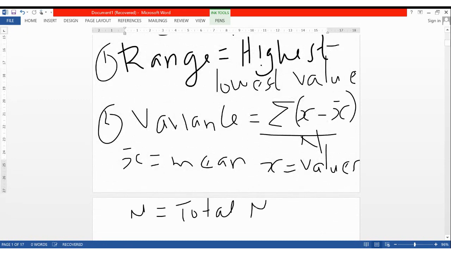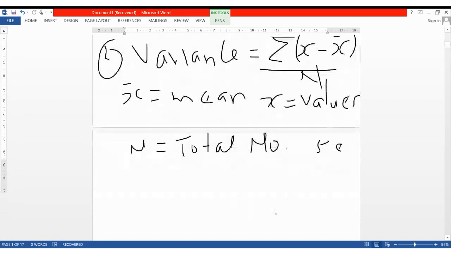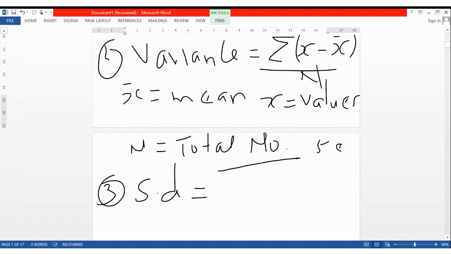And the simplest is the standard deviation. I call it SD, and it is given by the square root of the variance. So that's how you calculate. If you have the variance, you have the standard deviation, because we just look for the square root. Let's do an example.